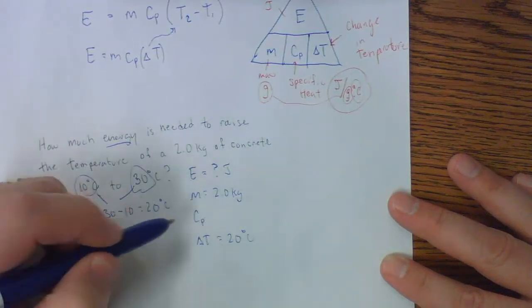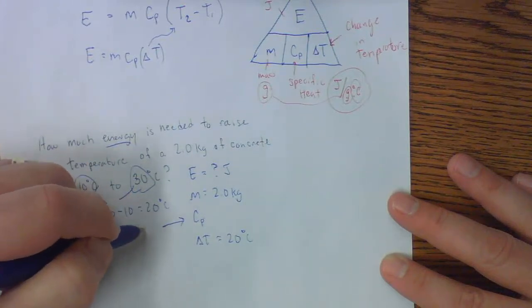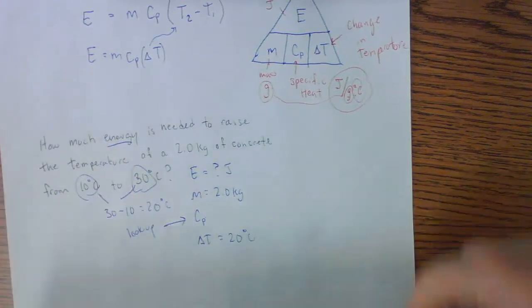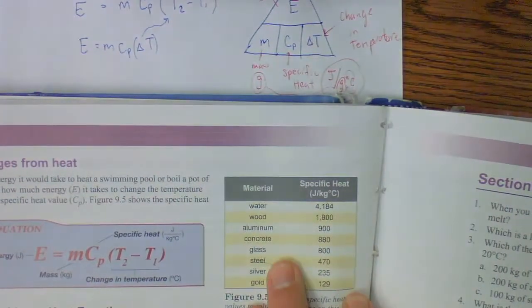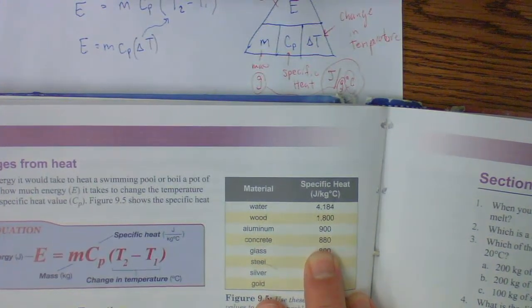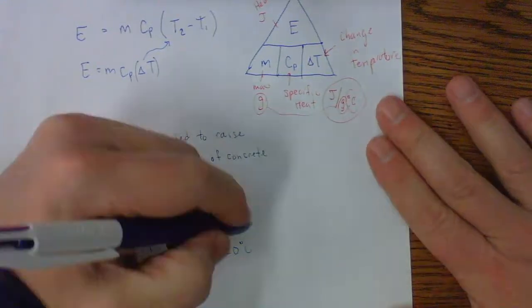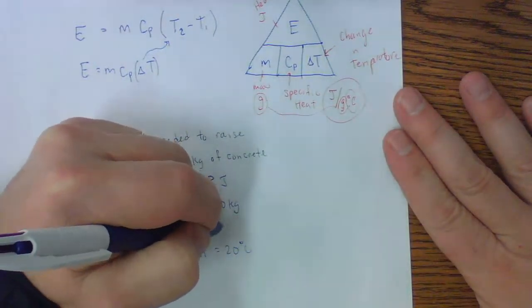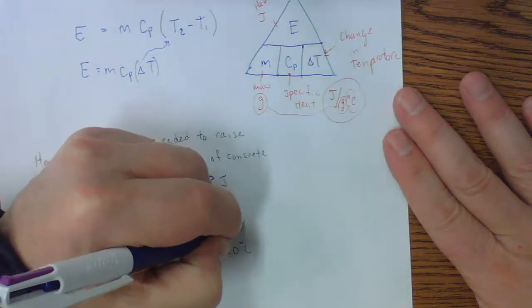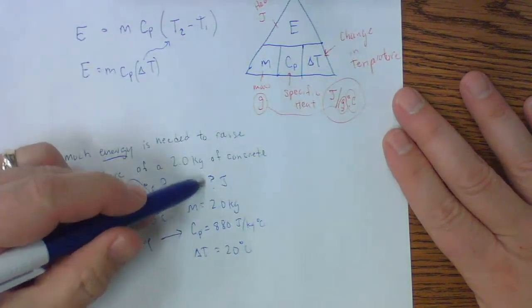Okay? And then I'm going to look this value up. So this I have to look up. In my book, I actually have a little chart here for concrete, and it says it's 880 joules per kilogram degrees Celsius. So now I have my numbers all set.